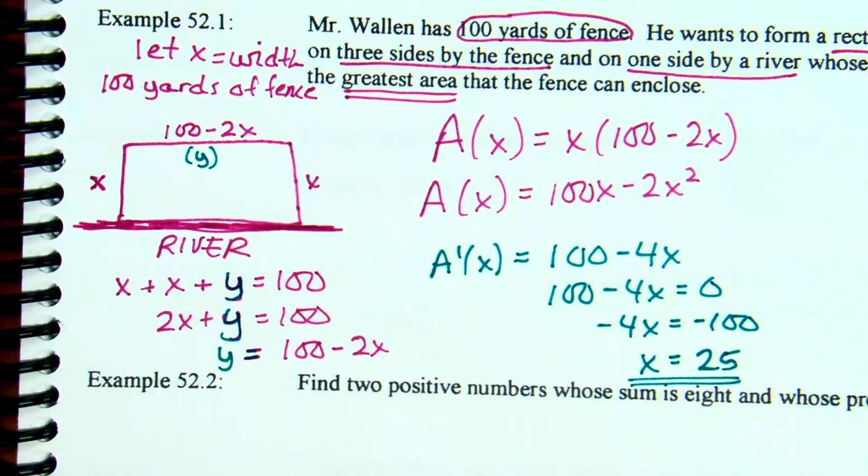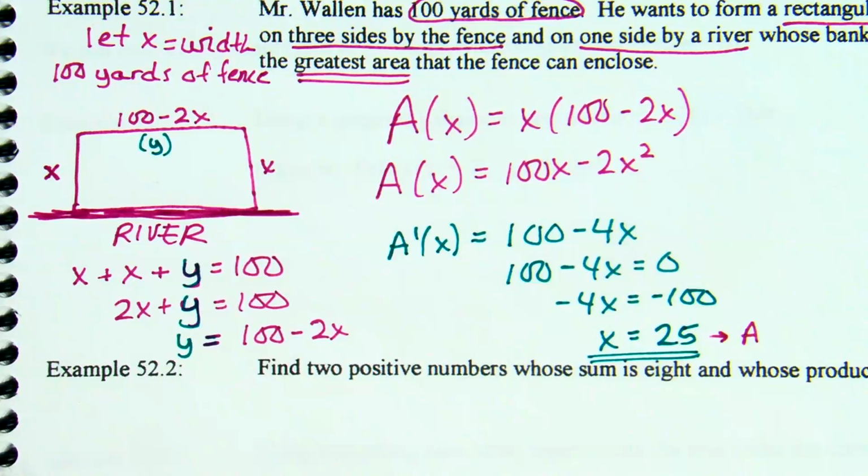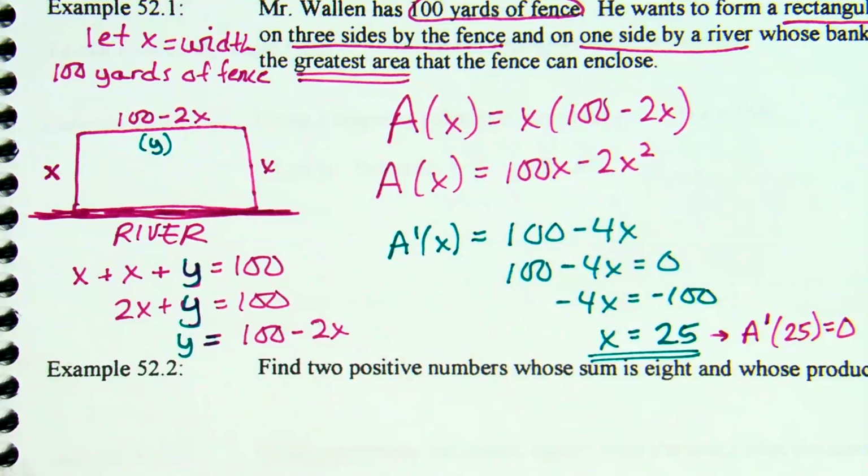So, that right there, x equals 25, that is the place where my first derivative equals 0, right? So the idea is that if I say A prime of 25, the first derivative equals 0. Critical value, so that is either a maximum or a minimum.